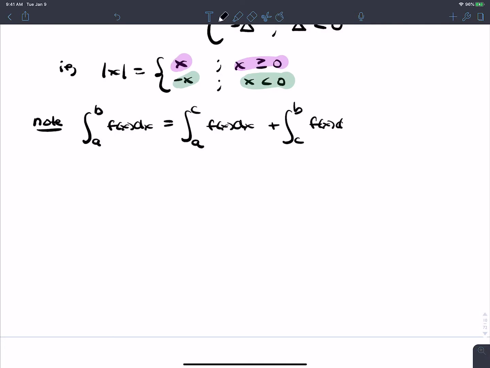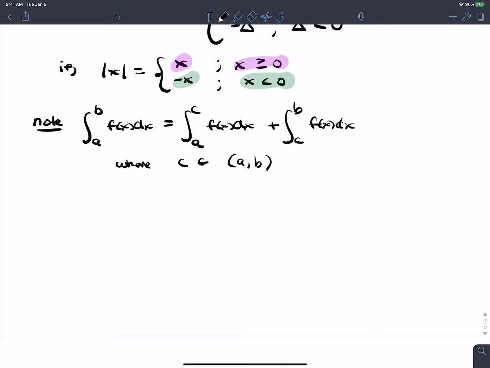Remember we did this? I gave you this property here, where c is in the interval from a to b, and we'll put some open endpoints there. c has to be in that interval. Do you guys remember this property?